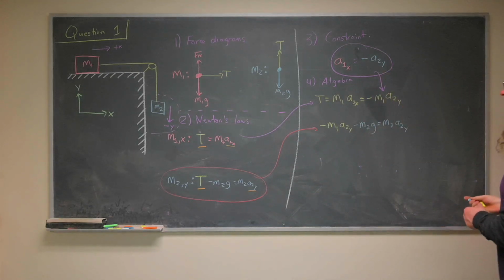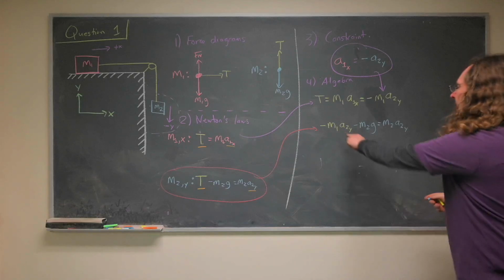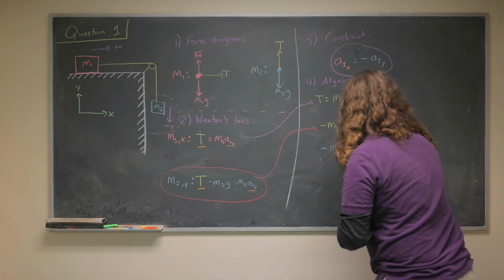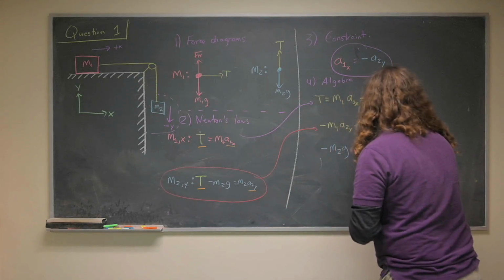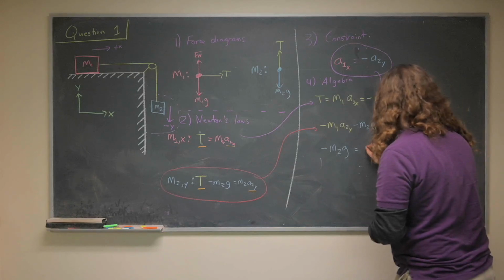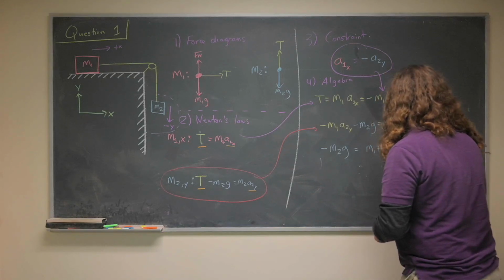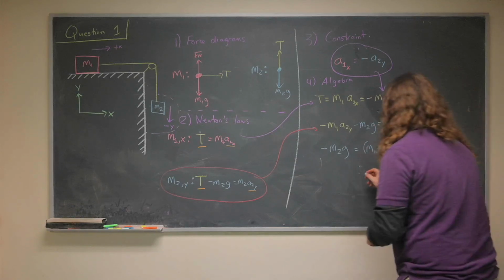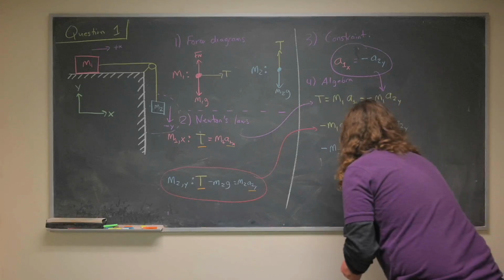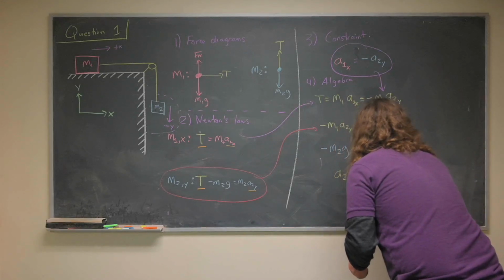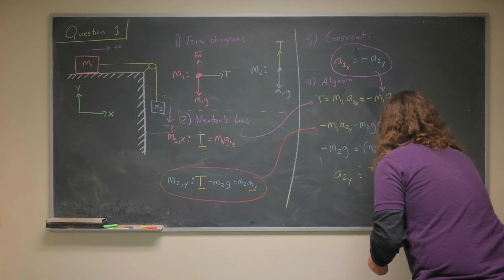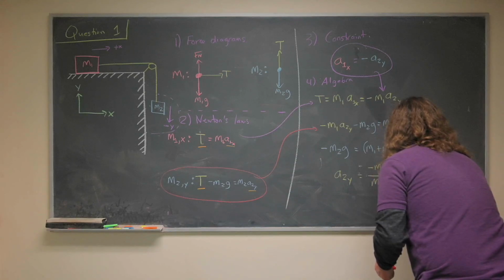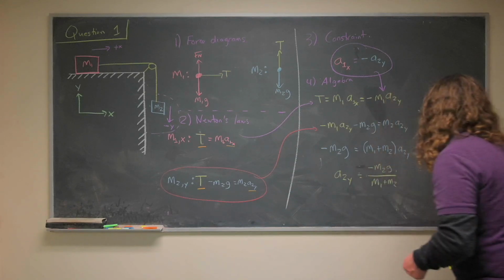So now let's solve for a2y. Just bring this term over to the other side. I get minus m2g equals m1 plus m2 times a2y. So that means that a2y equals minus m2g over m1 plus m2. That's a smudge, not a minus sign.